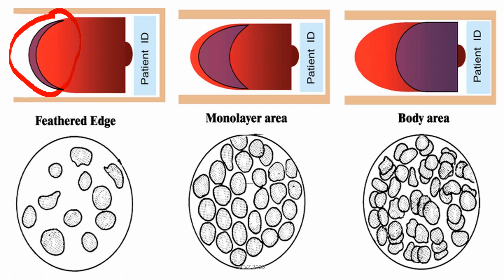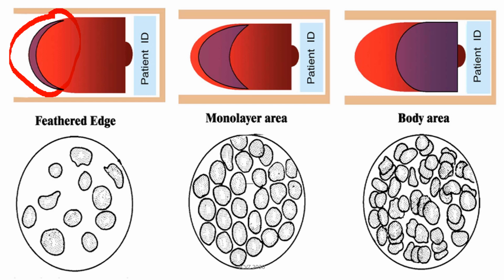So if you take a look at your field, when you scan or view your slides under the microscope, the cells in your monolayer area have enough distance between them. There is not so much space, it's not too crowded, and the cells are not overlapping.